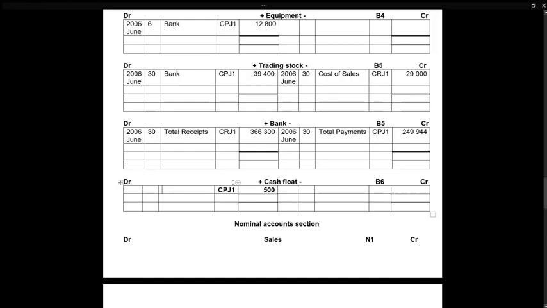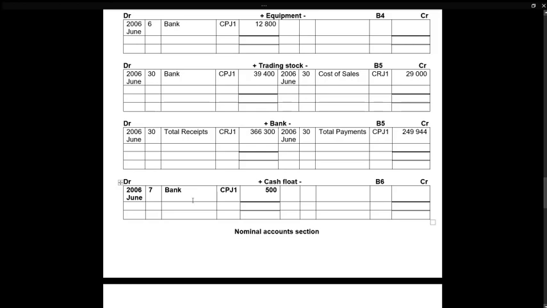Details will be bank. Cash float will be debited. I will find my credit in the bank account. I took money out of my bank account and I put it in the cash float. This took place on the 7th. Details will be 2006 and in June. Just quickly put bold off.